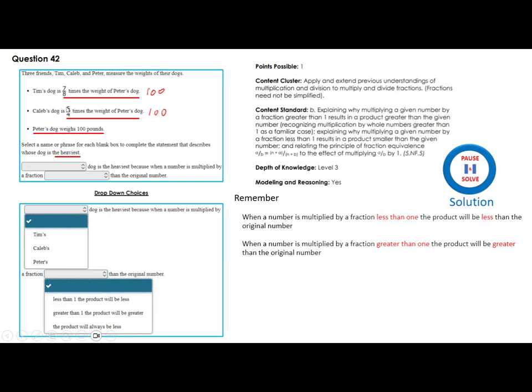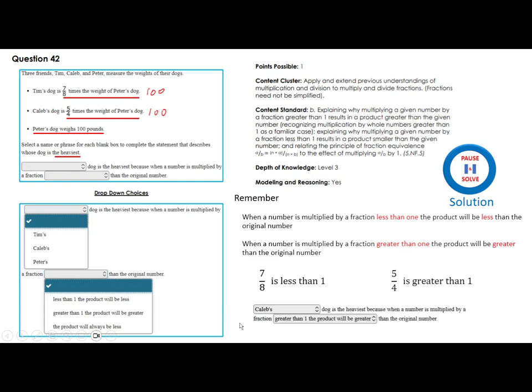This is greater than 1. When you multiply this by 100, it gives you a bigger number, greater than 100. 7/8 is less than 1. 5/4 is greater than 1. And then Caleb's dog is heaviest because when a number is multiplied by a fraction greater than 1, the product will be greater.